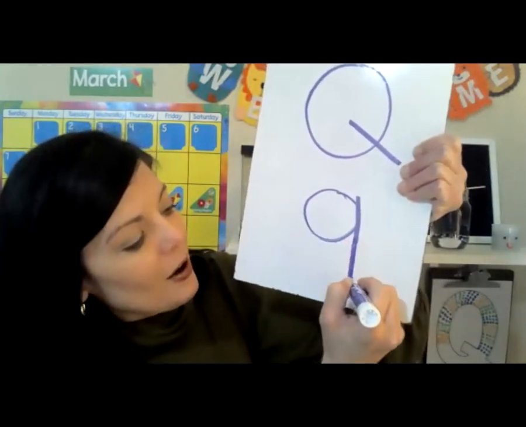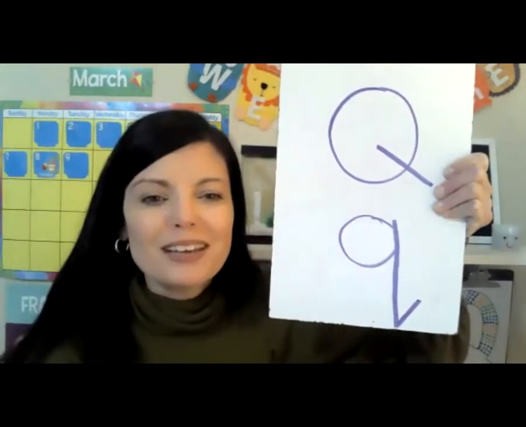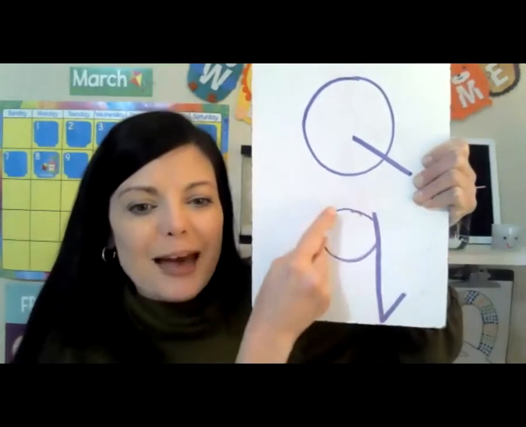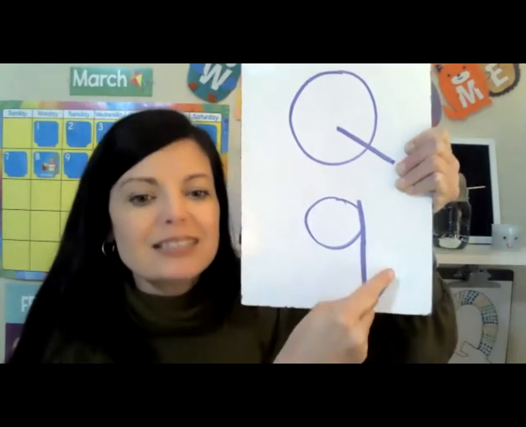Keep going all the way to the bottom and then bounce up, kind of like a bouncy ball. In our story today, you're going to hear about a bouncy ball. So make that bouncy ball and then make that line that comes down and kind of bounces back up like a hook. That's the lowercase q, and I'll show you what it looks like on the handwriting house.